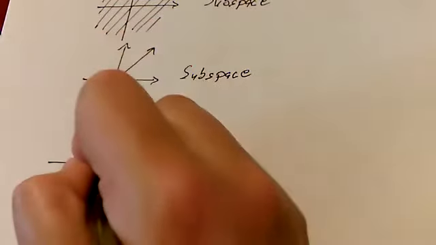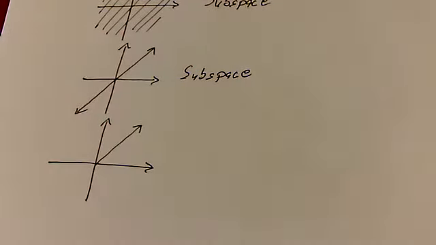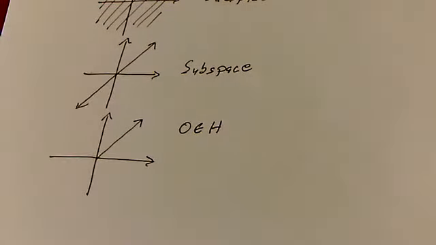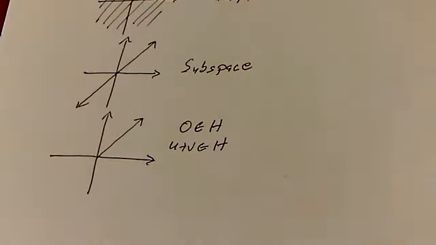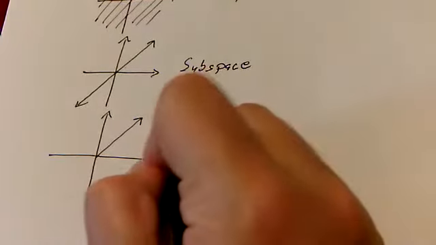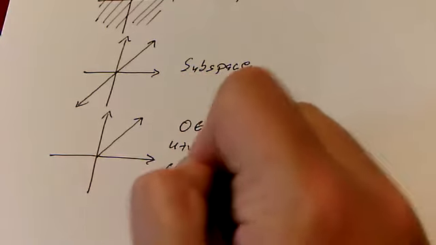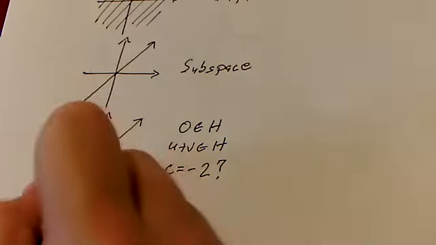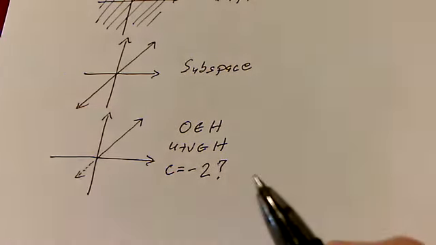Now you have to be careful, because what if I only have the positive side of this line? The zero vector is in my space H. If I add two vectors, I'm still going to be in my space H. But the problem comes with what if c is a negative number? If c is a negative number, that's going to send me out the other side.